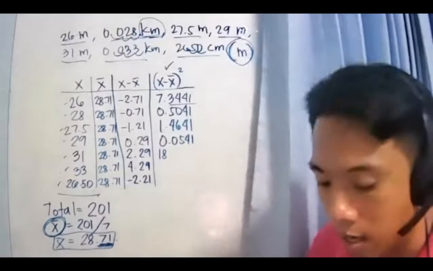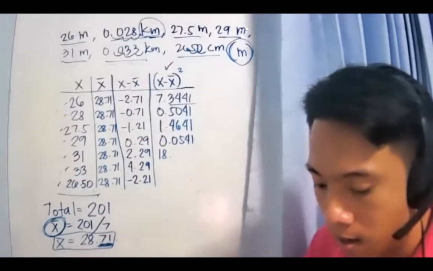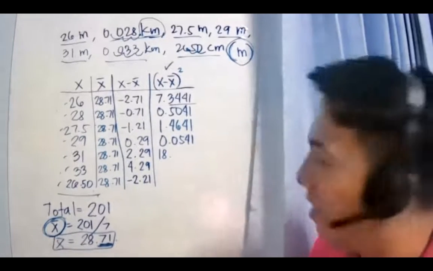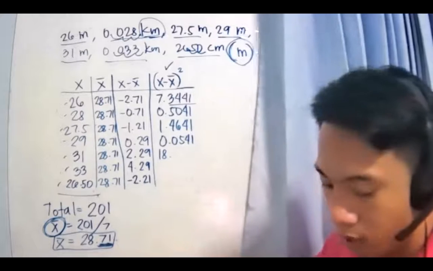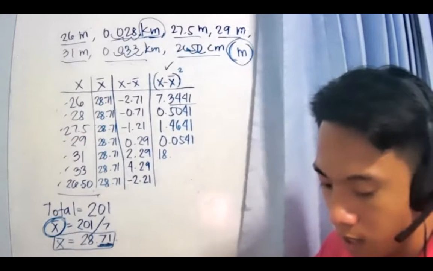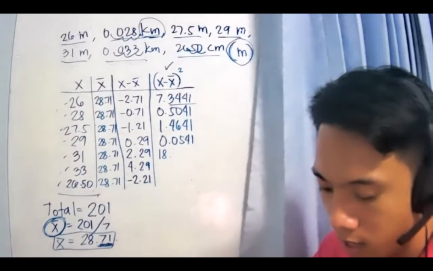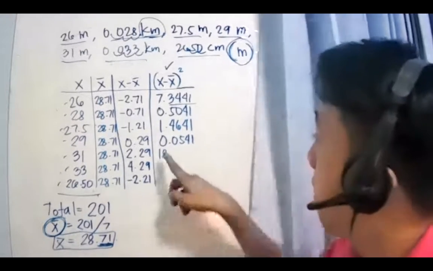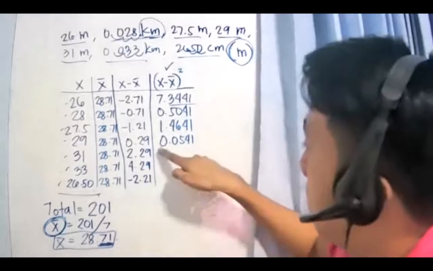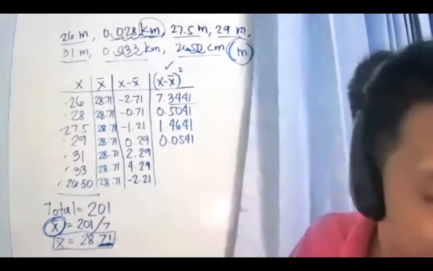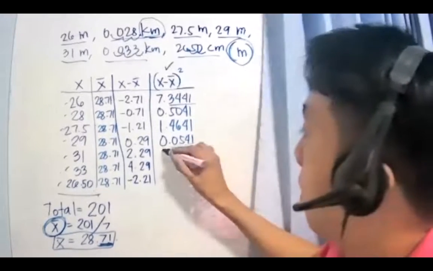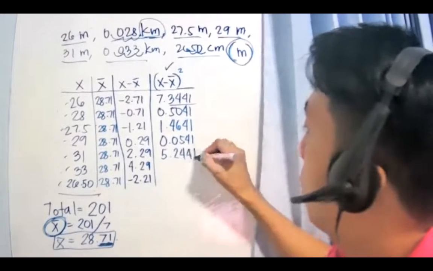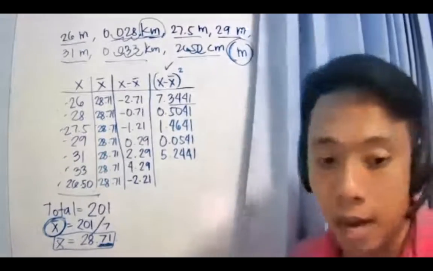Kailangan ko ng aking magical calculator. 2.29 times 2.29. Oh, sabi na mali ako eh. This one is 5.2441. Okay, next one.